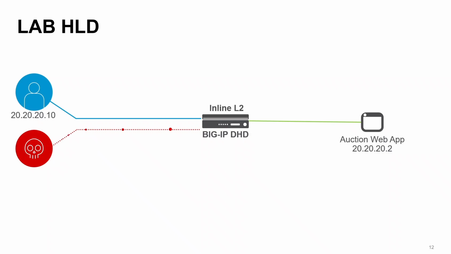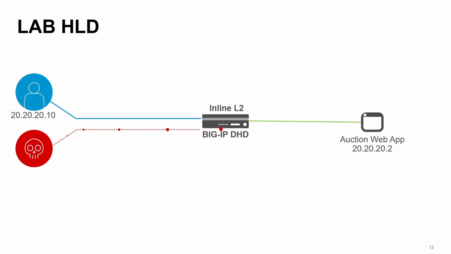It's going to be configured in inline layer 2 mode using VLAN group mode. We have our backend server hosting a simple web application with the IP address of 20.20.20.2. This application is going to be our targeted machine.